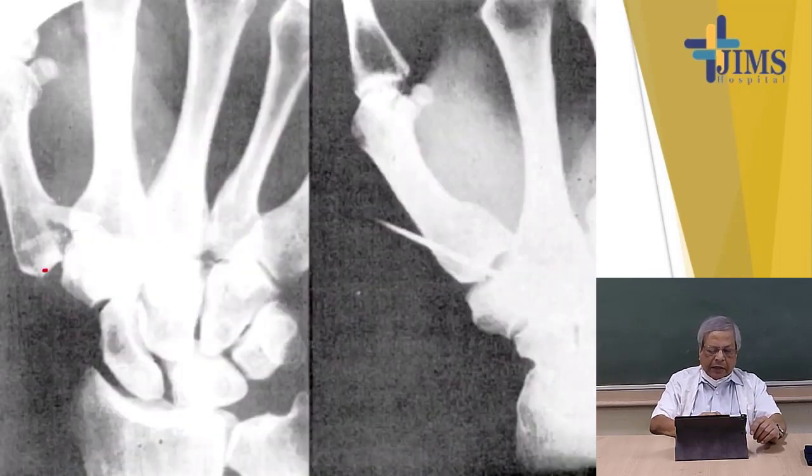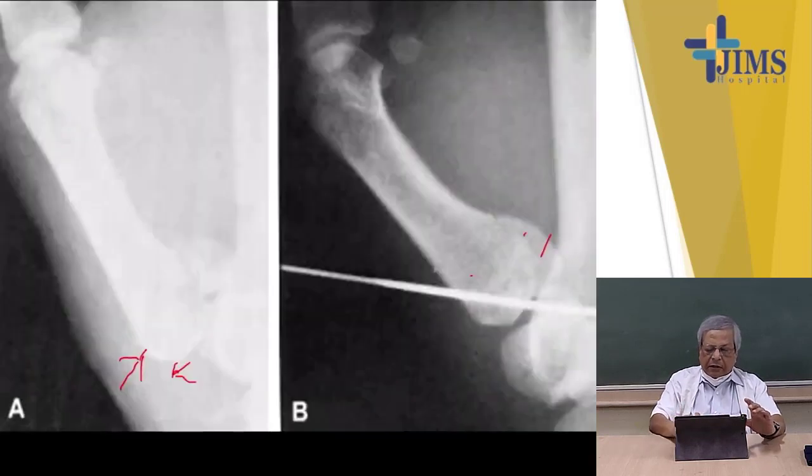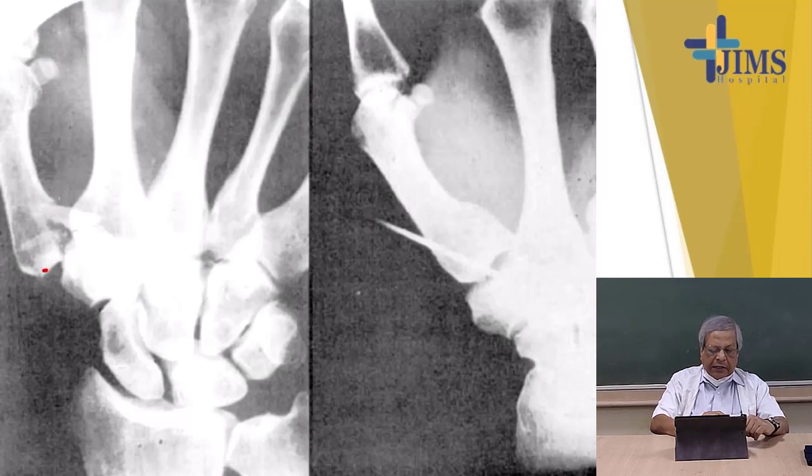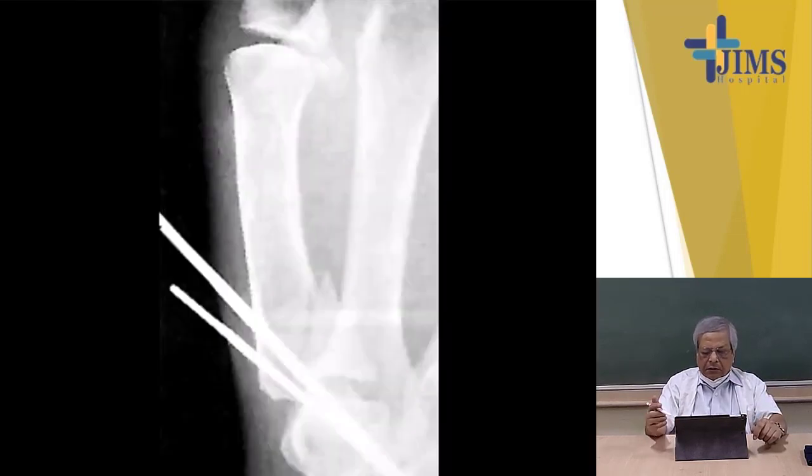This is another example, the same. Put pressure there, the first metacarpal is reduced, and automatically this fragment also gets reduced. Then you fix with a K-wire. This carpometacarpal joint is fixed.